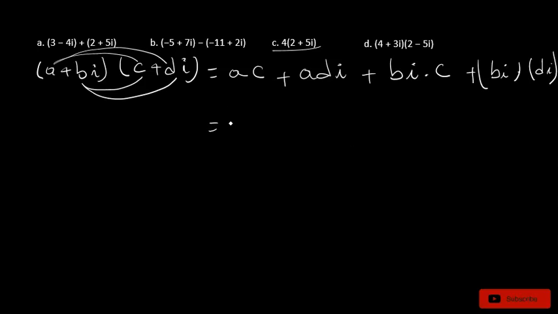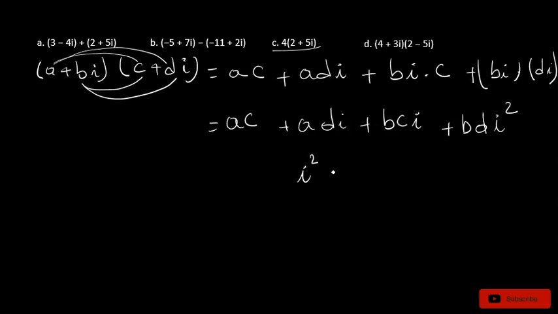This is equal to ac plus adi plus bci plus bdi squared, and as you know, i squared is equal to minus 1. Now I will replace the value of i squared in the equation.